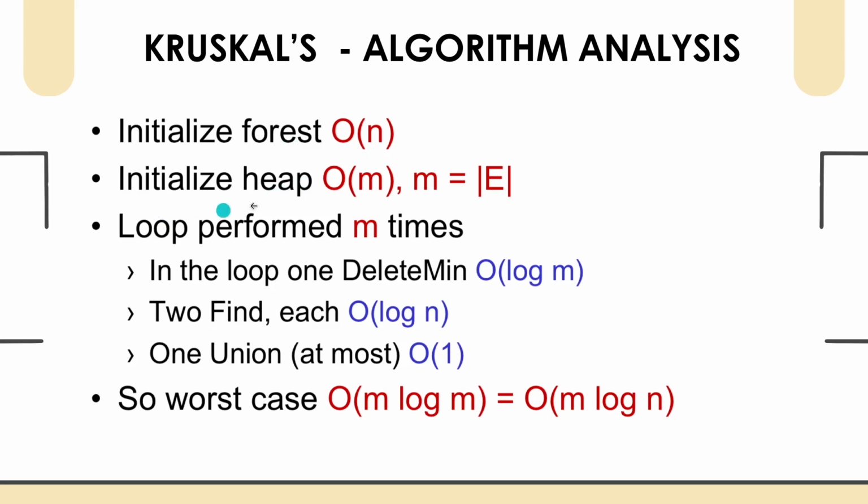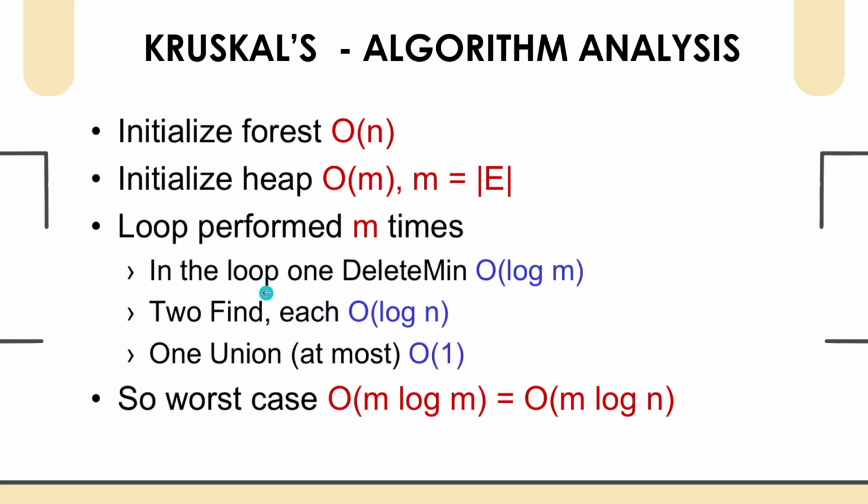And then for finding the edge with the minimal weight, we are going to have a heap implemented, and for that we are going to take a time of order m, where m is the set of edges that you have, and then we may have to iterate m number of times for doing this operation.